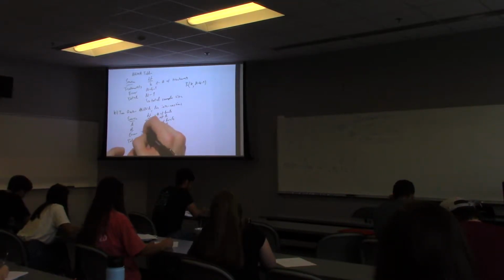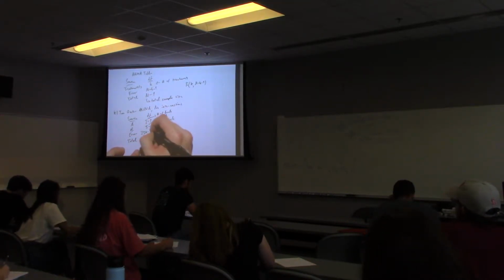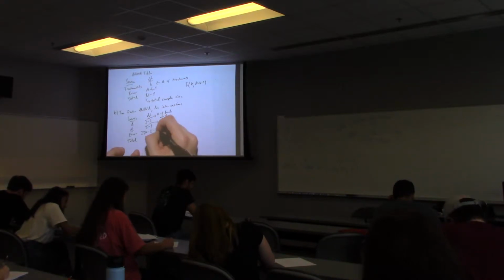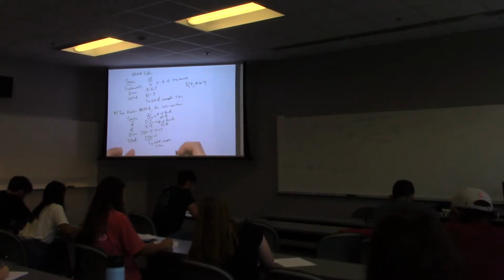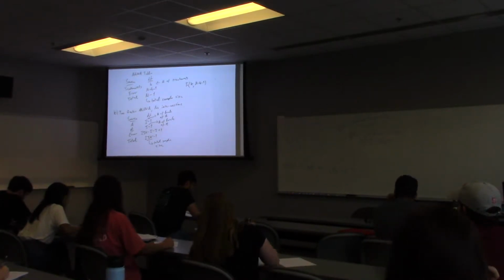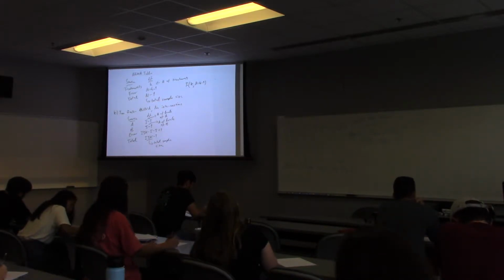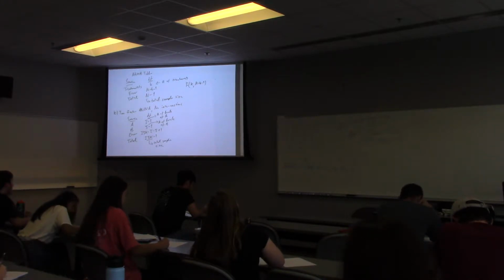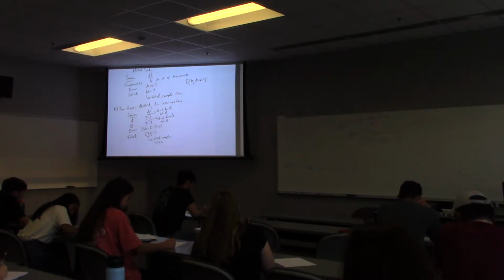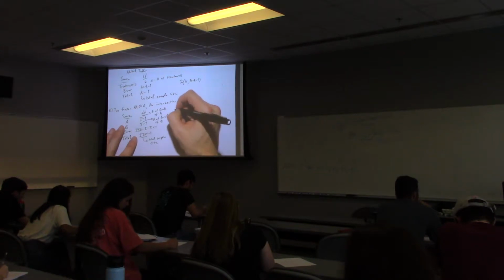So the error is ijk minus I minus J plus 1, which is what that works out to be. So that's two-factor ANOVA, no interactions. We get two different F distributions right here.